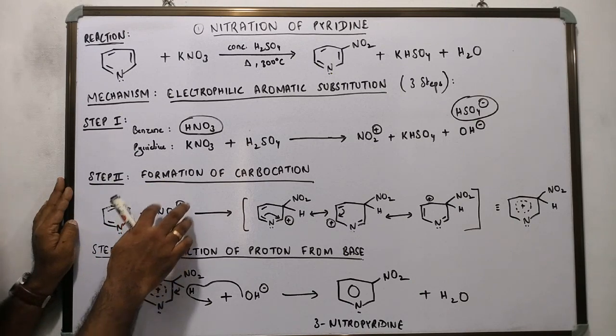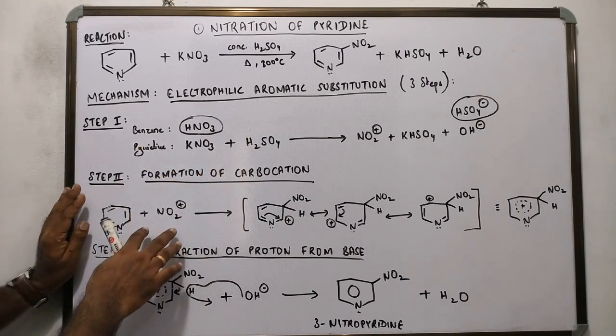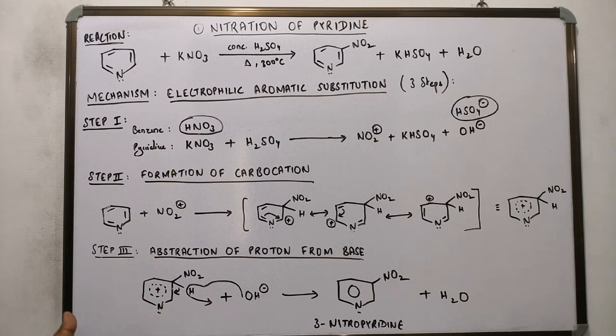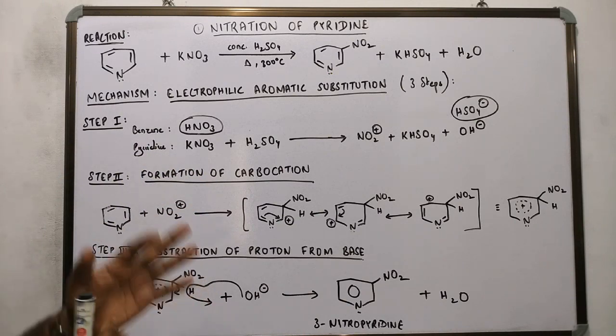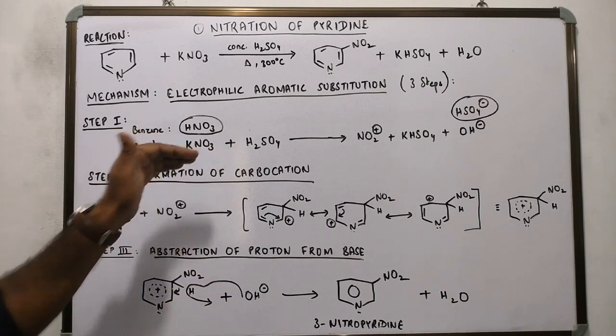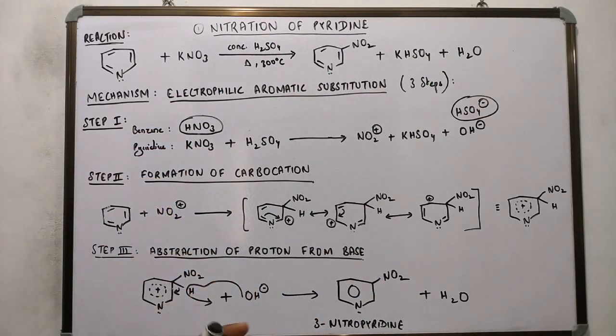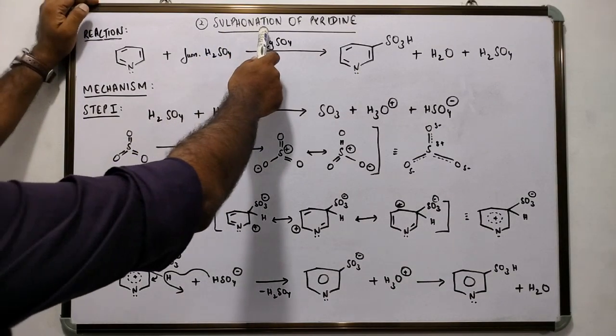So the reason why we have used KNO3 is to increase the rate of the electrophilic aromatic substitution reaction. Even though we have used KNO3 to increase the rate of reaction, and even though the reaction conditions are vigorous, the yield of 3-nitropyridine is very poor. It is only 8%.